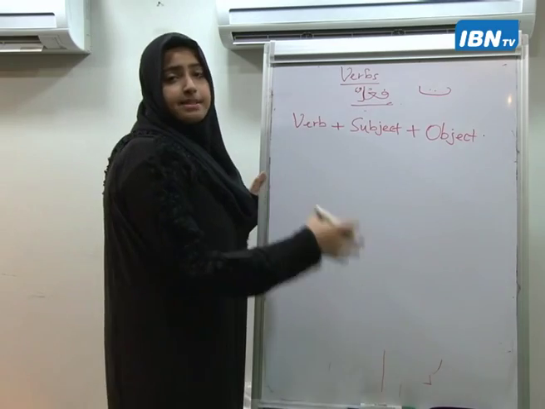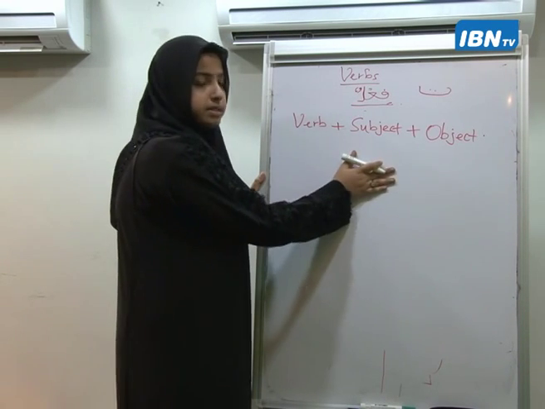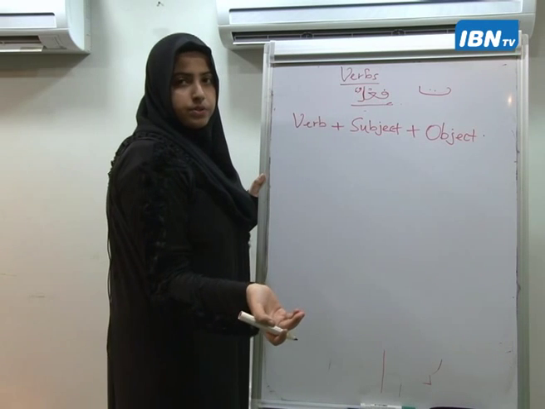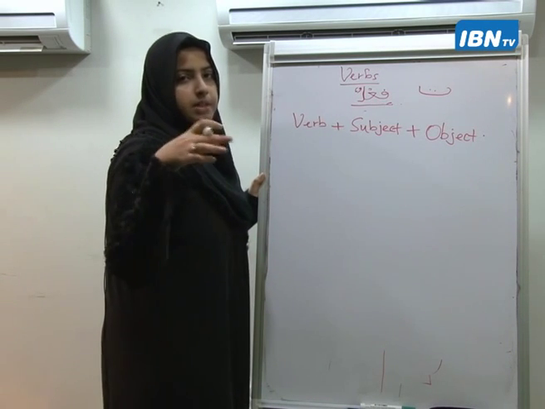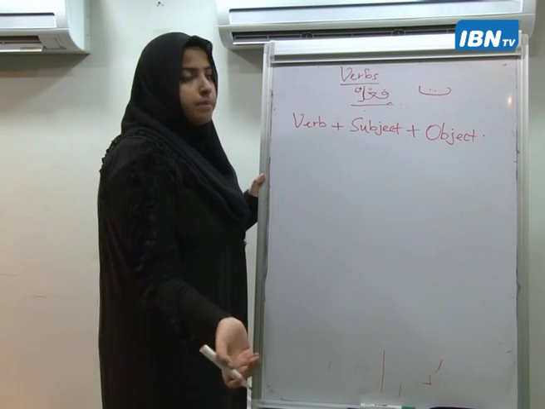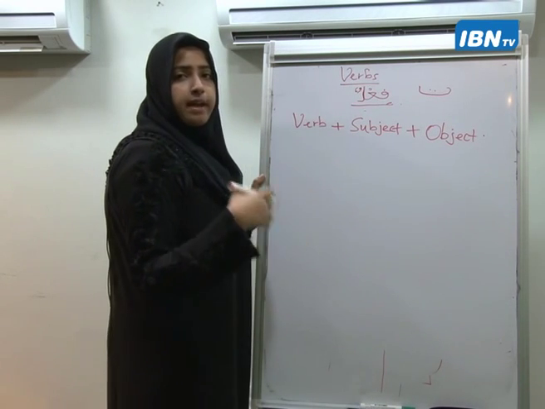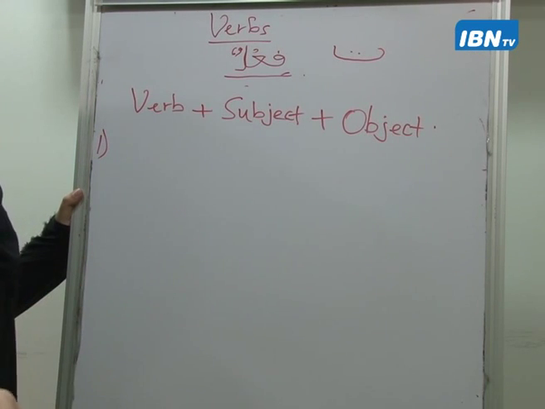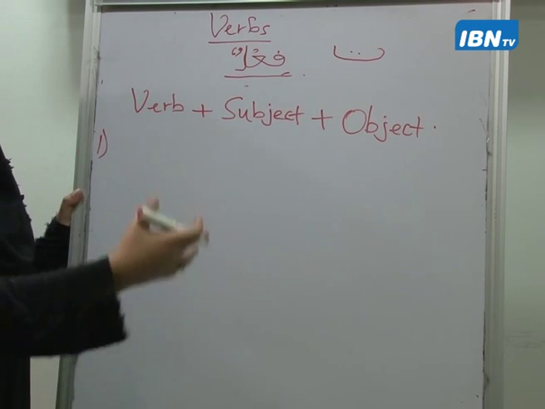That is how the sentence format goes in Arabic, unlike in English. In English, of course, we have the subject, followed by the verb, followed by the object. Let me give you an example in English so you can know what I'm talking about.